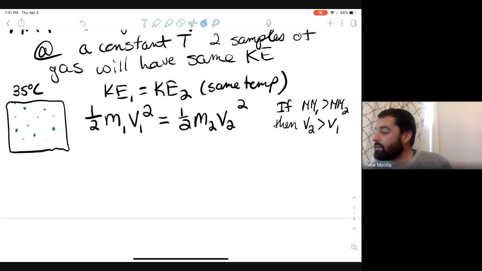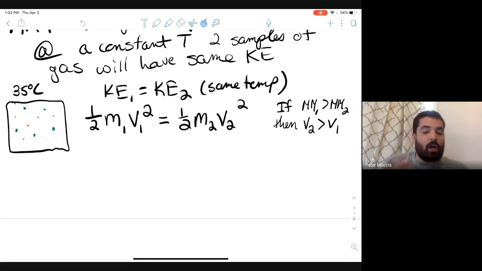So now what we can do is we can talk about the ratio of the molar mass to the rate of effusion. So the velocity is proportional to the rate of effusion. So what we can do is we can derive an equation here. So what I'm going to do is I'm just going to cross out these 1/2s here.